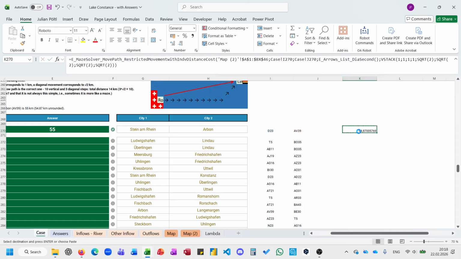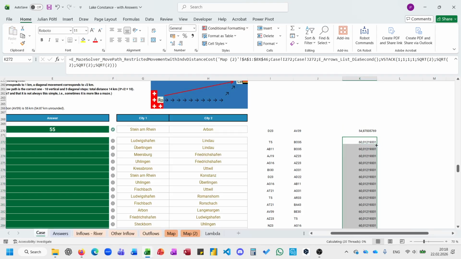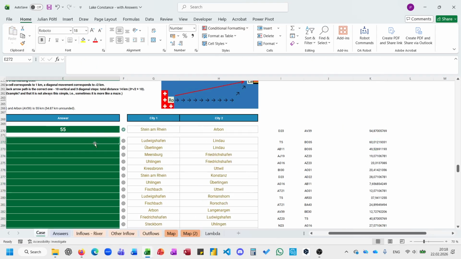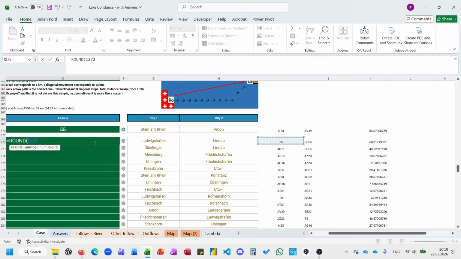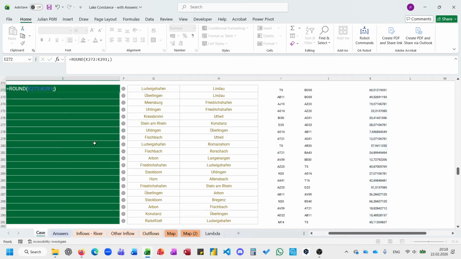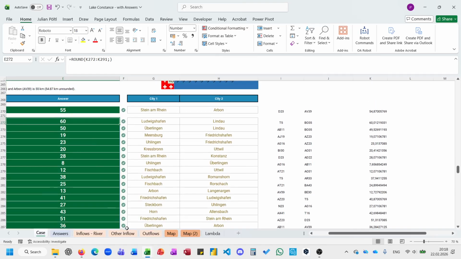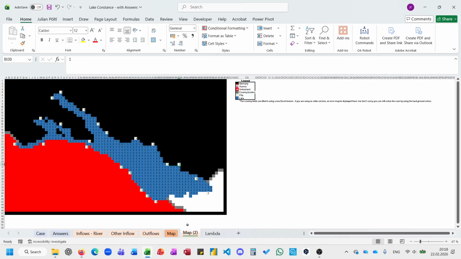And we have our solution. And then round. And we're good. So now, that was the lambda way.